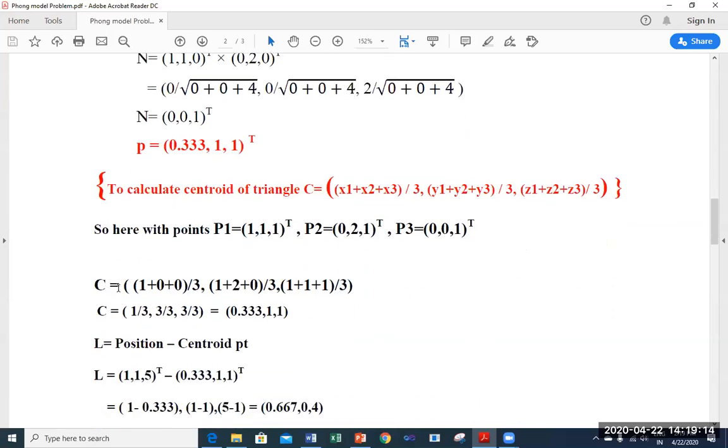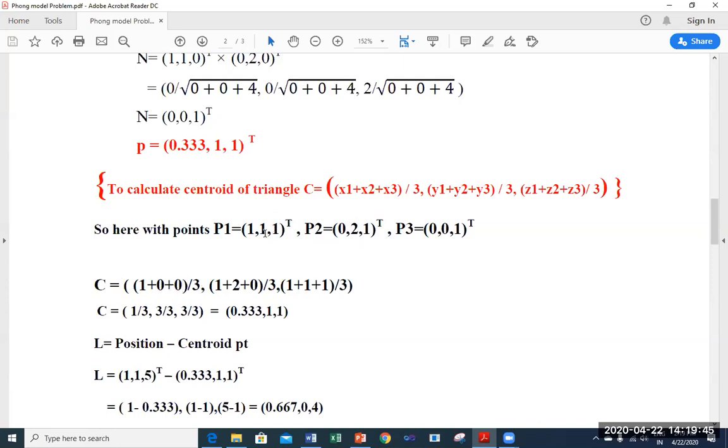So here, x1 is 1, or you can take a1, a2, a3, b1, b2, b3, c1, c2, c3, like that also. If you take a1, a2, a3: a1 is 1, a2 is 0, a3 is 0, so 1 by 3.